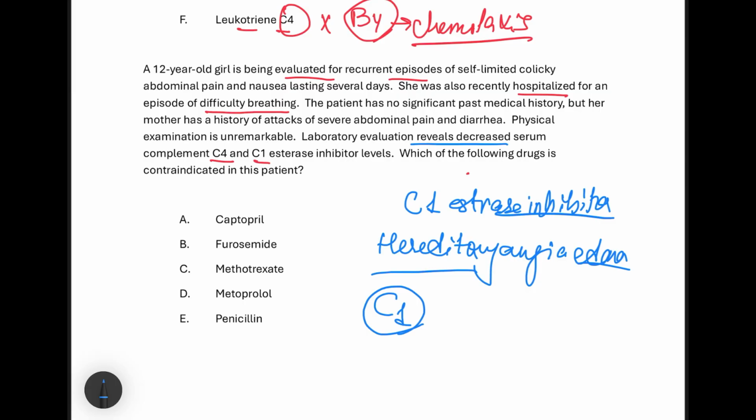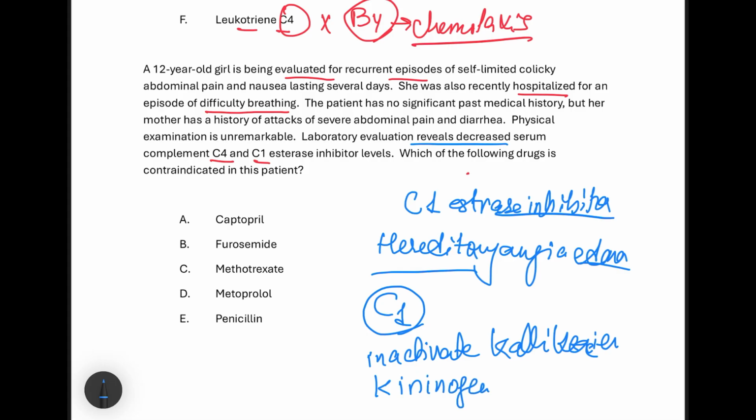It also inactivates kallikrein, which catalyzes the conversion of kininogen into bradykinin.